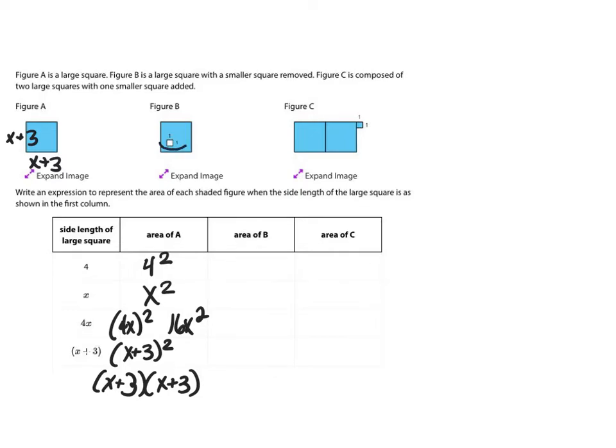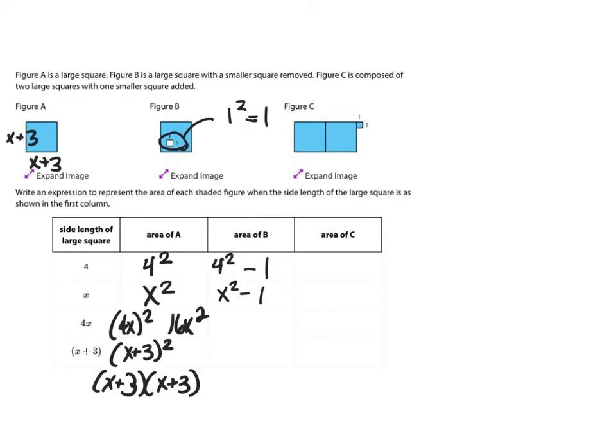That little square on the inside, the area of that is 1 squared, which is the same as 1. So we're taking the area of A and we're subtracting 1 squared. So really we're doing 4 squared, which is the area of A, minus 1, or x squared minus 1.